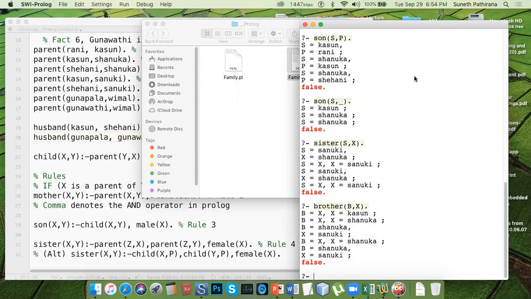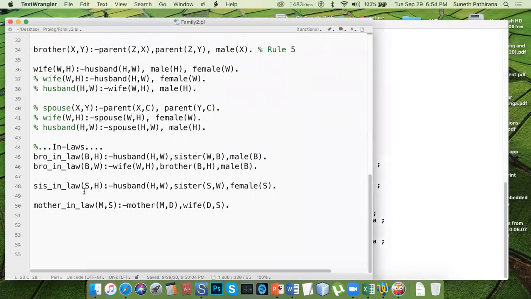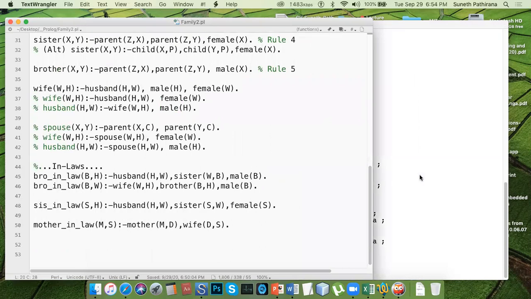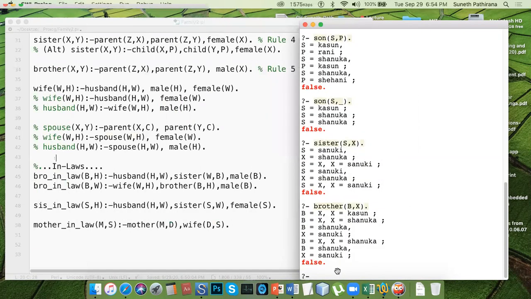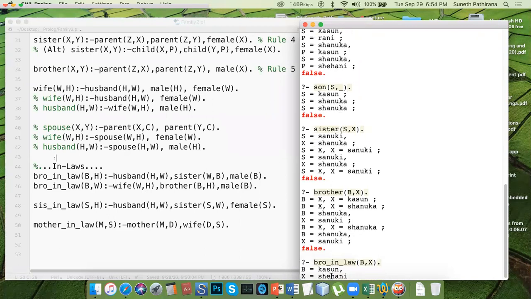So we can check the in-law relationships we have developed today. Brother-in-law, this can be anybody. Hasun is the brother-in-law of Shehani.